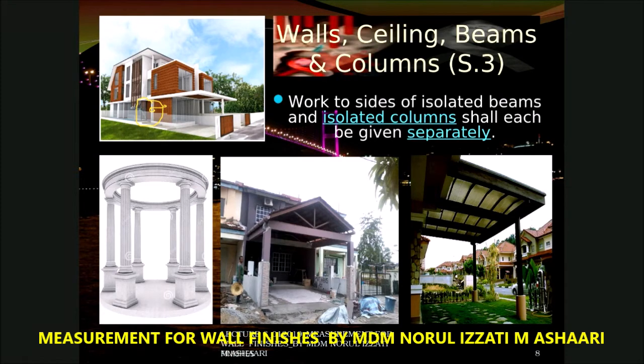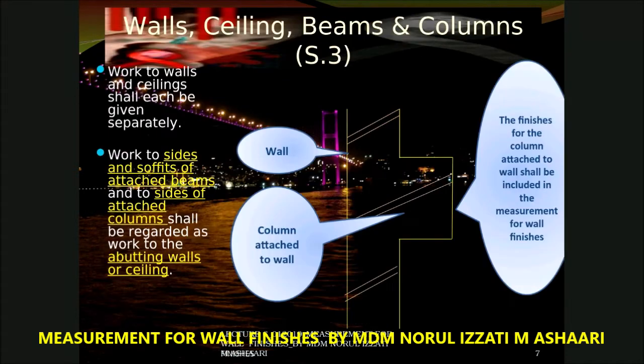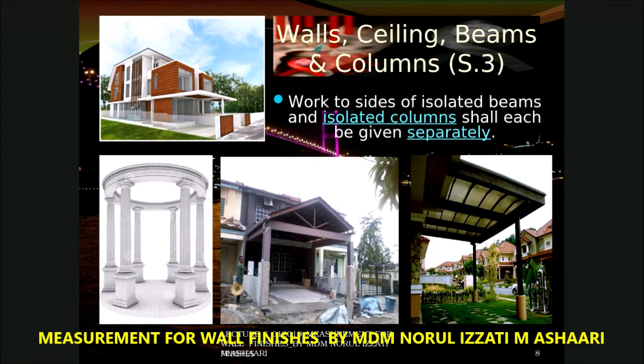This is also in regard to this explanation, where you understand that the beam is measured under ceiling finishes and the column finishes is measured under wall finishes. So the same principle applies to the isolated component. Isolated means it is separated from the wall. It is an independent structure. It is something that is not attached to something else. So that is the meaning of isolated.